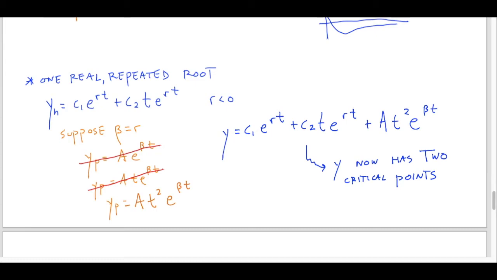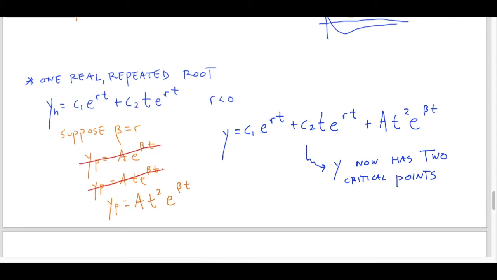And I'd like to reiterate that the most interesting thing happens when there is repetition, when we see a term in my g of t that perfectly matches terms in my y sub h. That is to say, the external forcing function perfectly matches some aspect of the natural behavior of my system. The most interesting case of this happens when my external forcing function is sinusoidal, and that's what we look at in the next example.